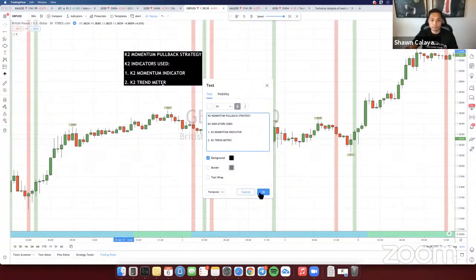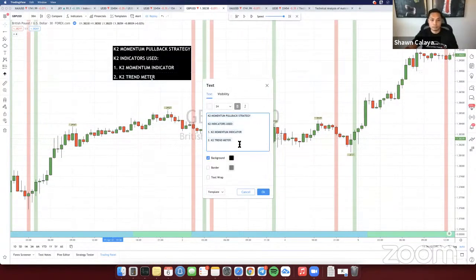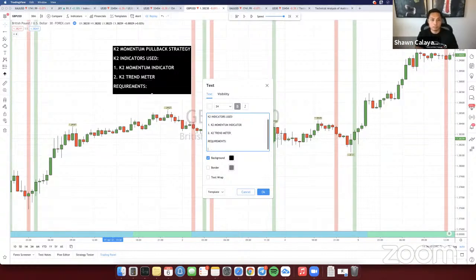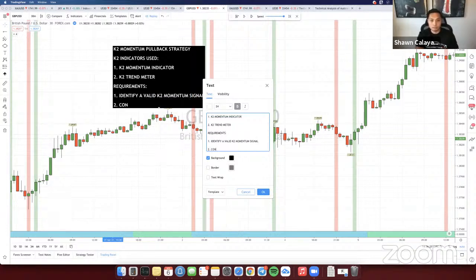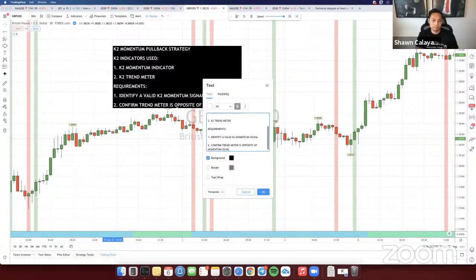These are the only indicators that you use for this strategy. And requirements is you're going to identify a valid K2 momentum signal, confirm the trend meter is opposite the momentum signal, and lastly, I think that's it.